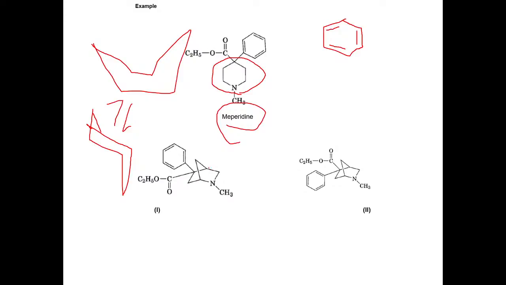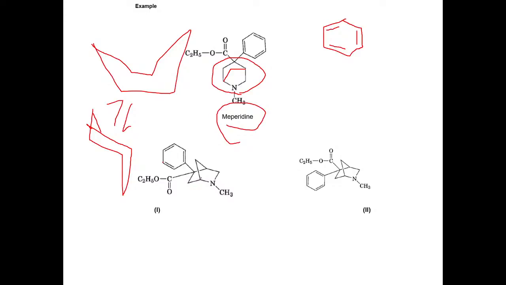So here piperidine does not have any double bond in its ring structure. So what you have to do is impart rigidity to a particular conformation. How is it imparted? Here they have bridged the 5th and 3rd carbon atoms.